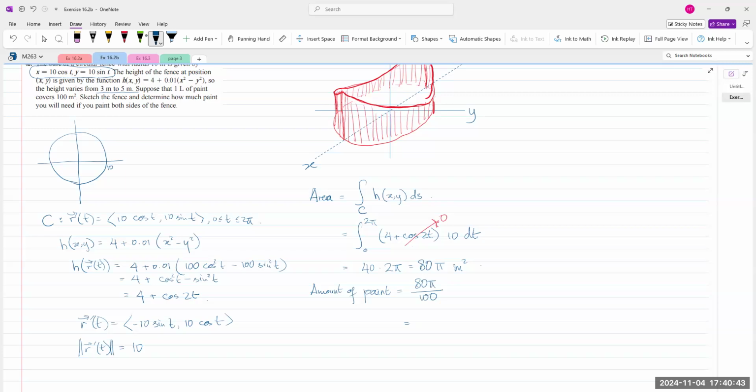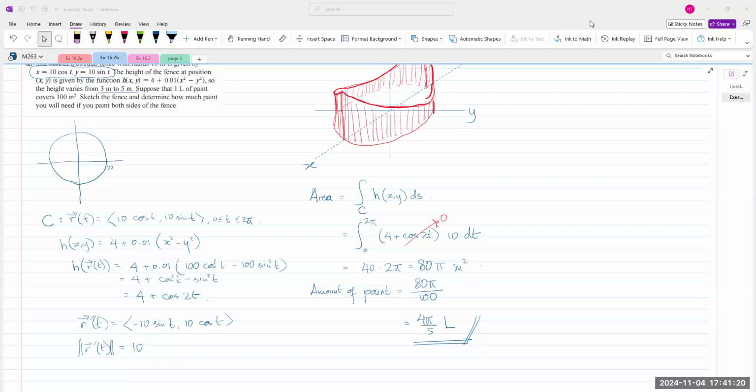So what will that be? 4 pi over 5 liter. That's 4/5 times pi. Okay, so that's the amount of paint.